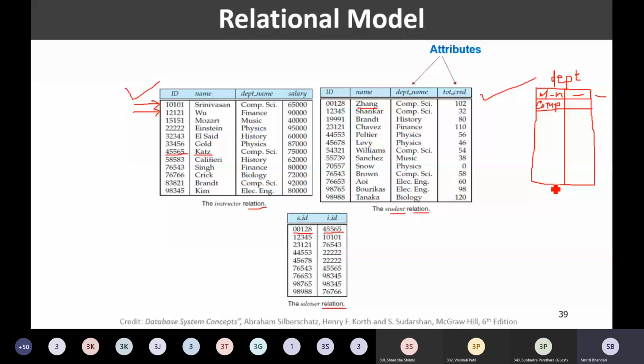And this concept is known as referential integrity. So while inputting the data in this table, student, I am referring to the data that is already inputted in my department table. Right? So there is some kind of a relationship between these two tables.